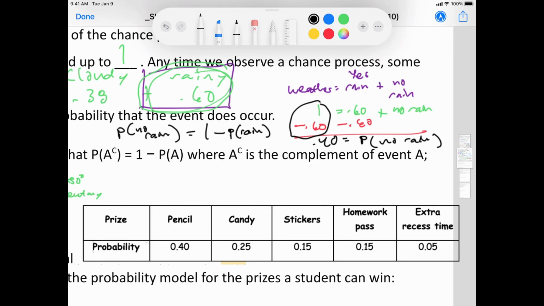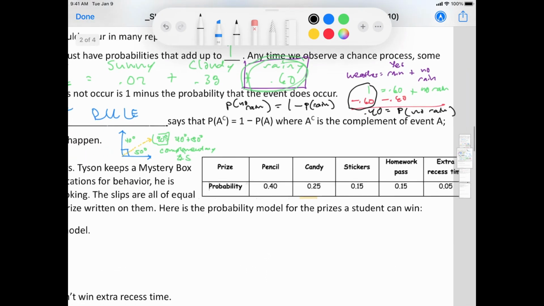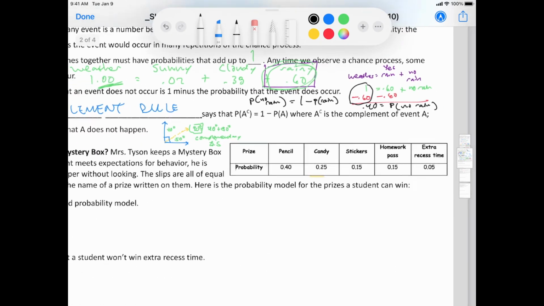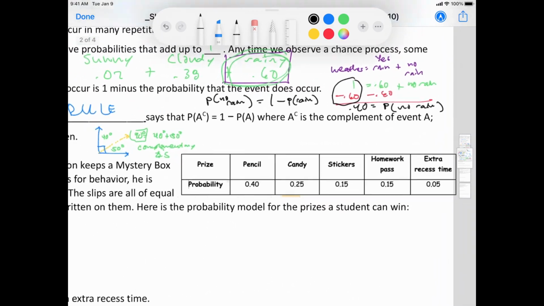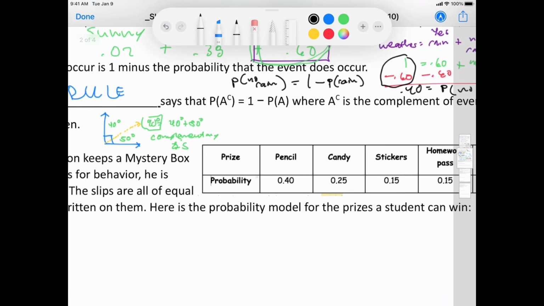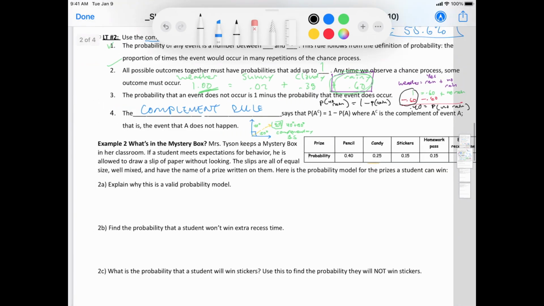Because if you add the probability of raining on both sides, you get probability of rain, yes rain, plus no rain equals 1. So they call those complementary events, right? Like normally this time of year, if it was non-COVID times, I would say to you guys, what's the probability of you going to prom? Well, like, oh, I don't know if I want to go or not, right? So yes prom plus no prom equals all the probability, which would be 1.